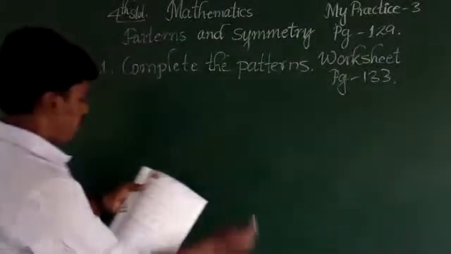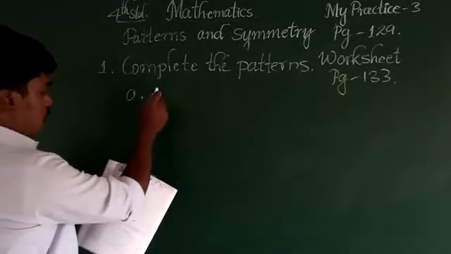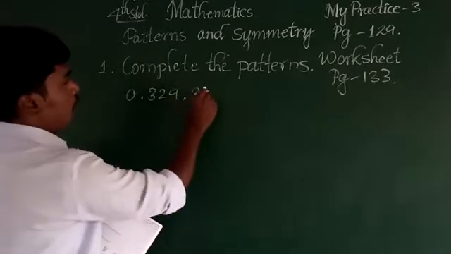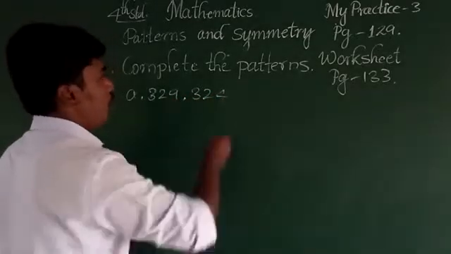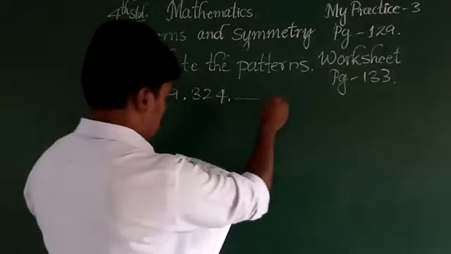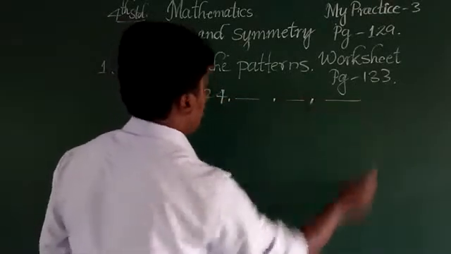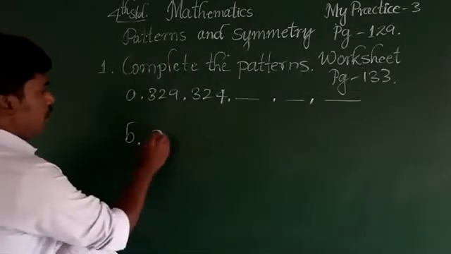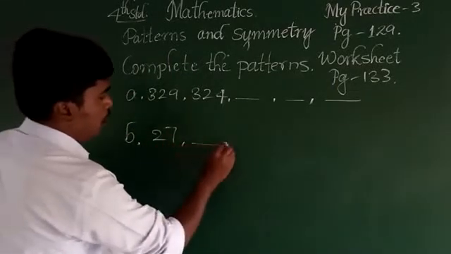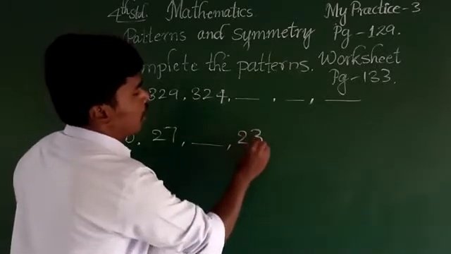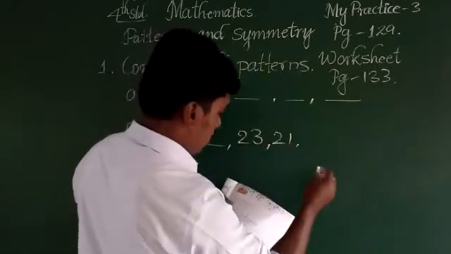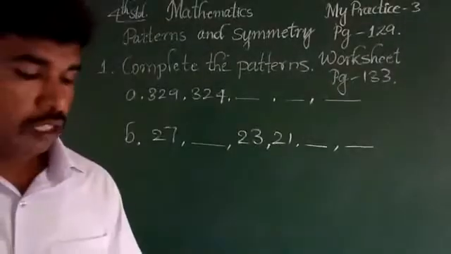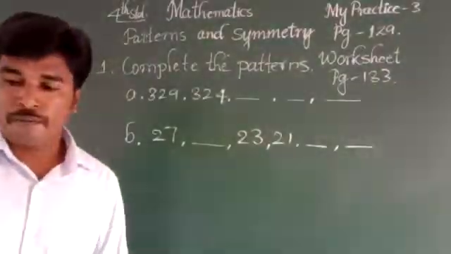Observe, dear children. The first one is A: 329, 324, dash and dash. B: 27, dash, 23, 21, dash and dash. Observe here and complete this pattern.